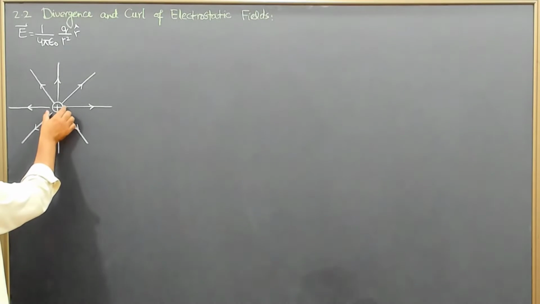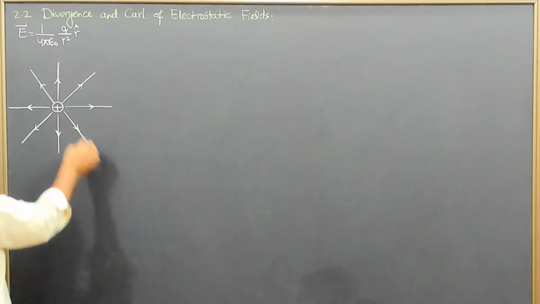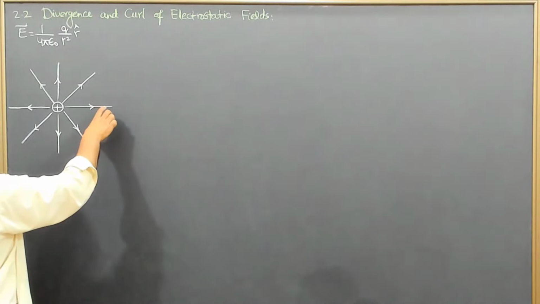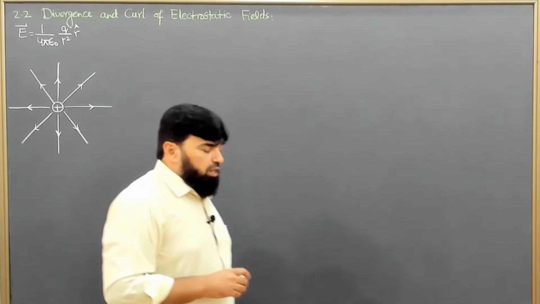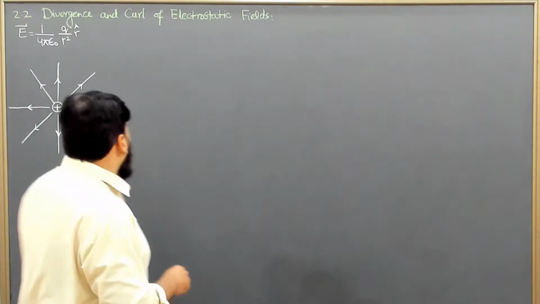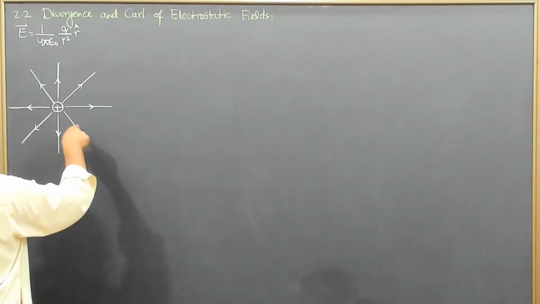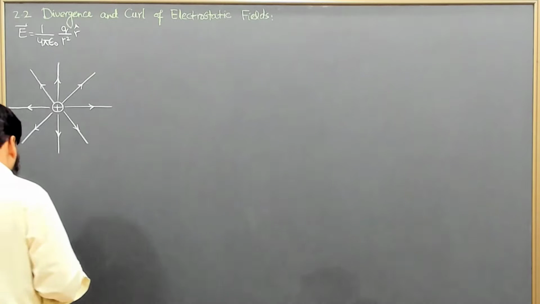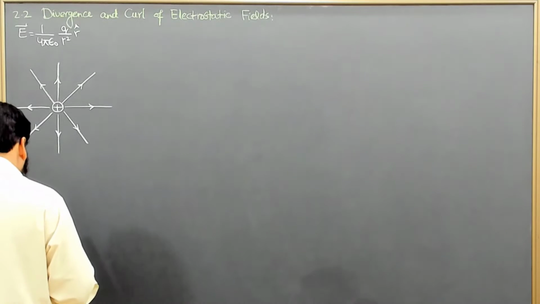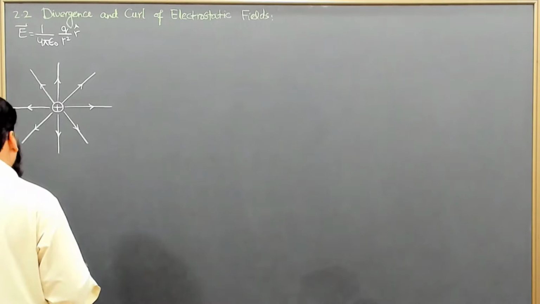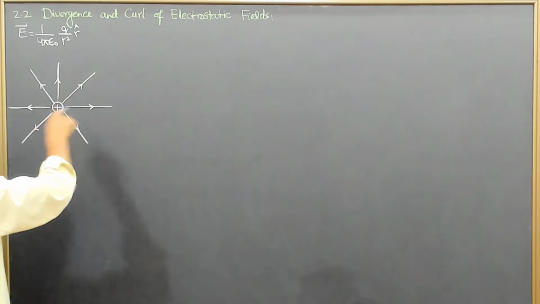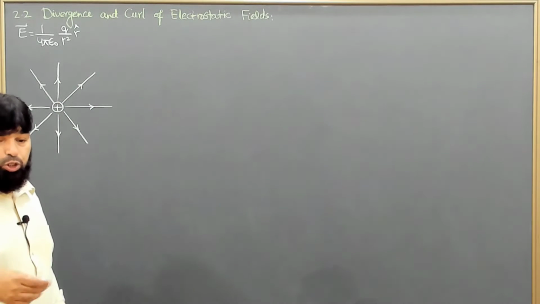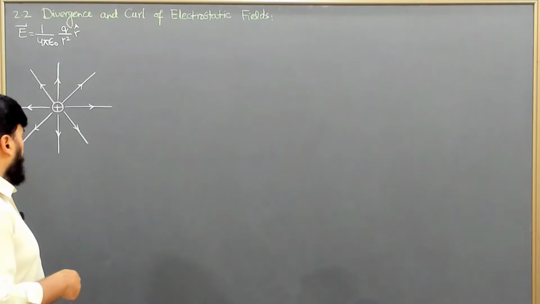They will be concentrated at the center, and as you go away, their distance will increase. These lines will never cross each other, and they diverge to infinity. The greater the source charge, the more field lines there will be, showing the intensity of the field.